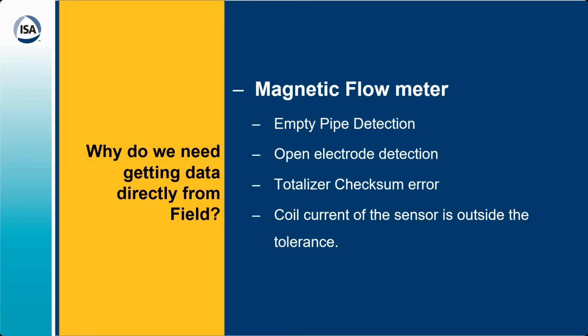Likewise there are many other flow companies with flow meters that also give such data. So how do we get this data onto our device, our SCADA systems, host systems or cloud-based systems, so you can anticipate the problem, work on it, and improve the life of the instrument?